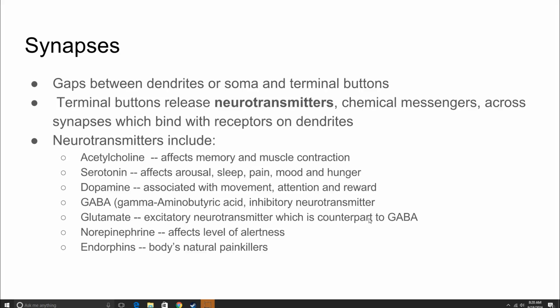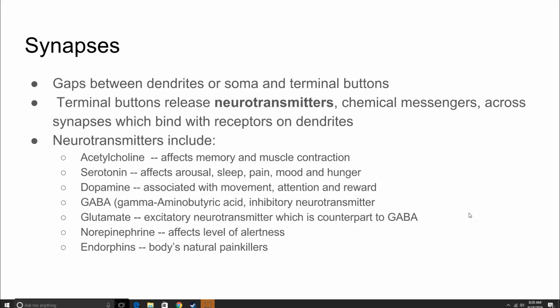If you have an imbalance in dopamine, that may play a role in Parkinson's and schizophrenia. Again, it's still early on, but we're starting to gain a better understanding of the role that these neurotransmitters play in not just sending messages, but affecting the whole brain.